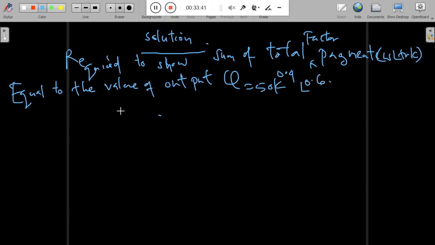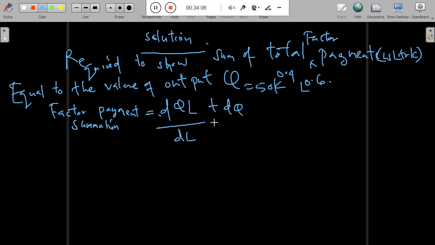So the sum of the total factor payments is given by DQ over DL times L plus DQ over DK times K, which is equal to the output level, that is 50K raised to the power of 0.4 and L raised to the power of 0.6.